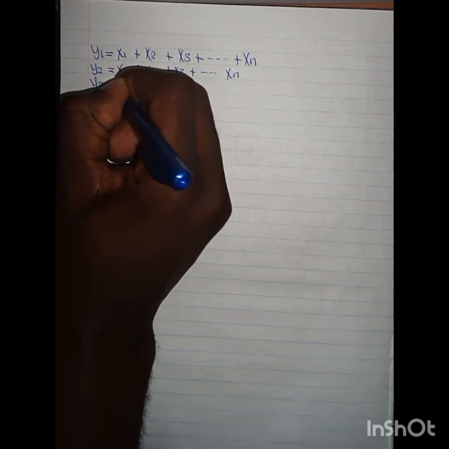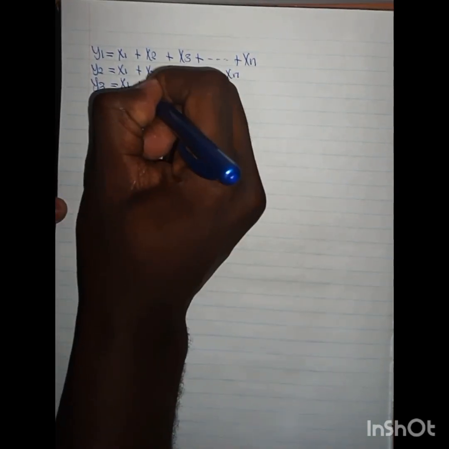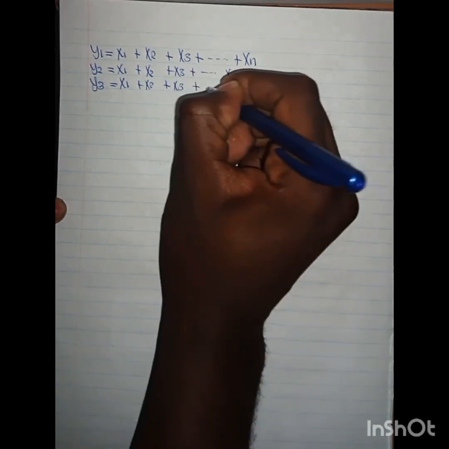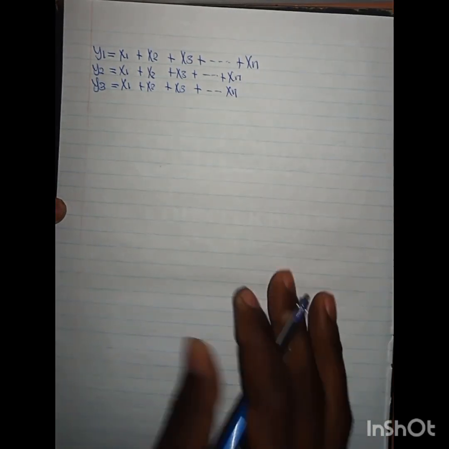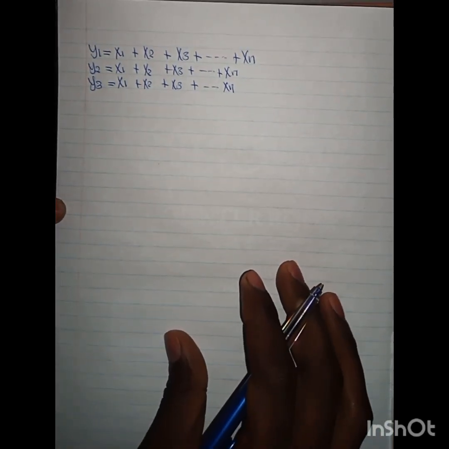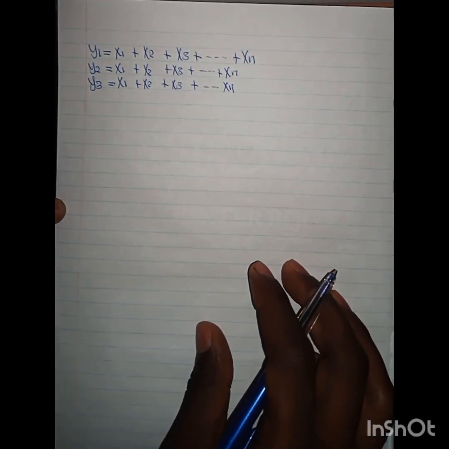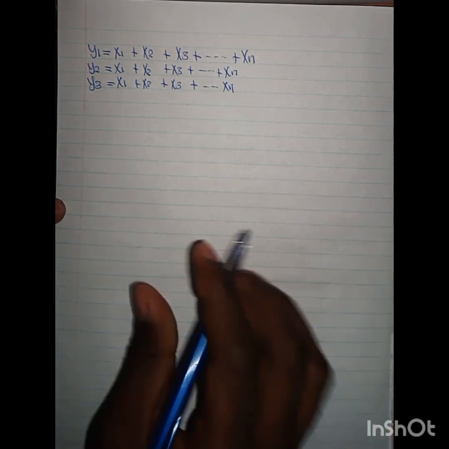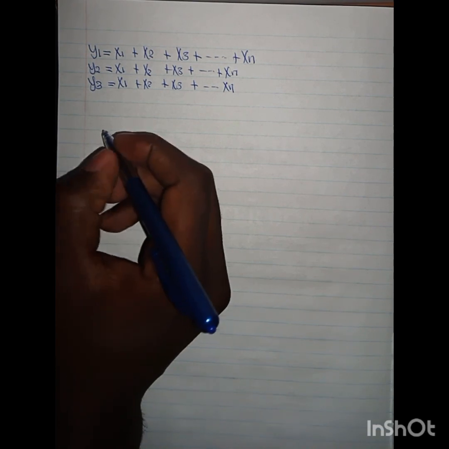And then I also have y3, given by x1, x2, x3 up to xn.